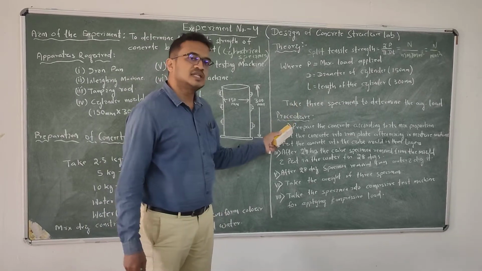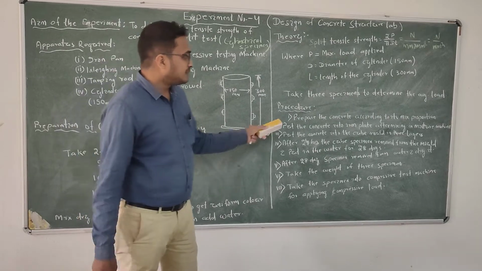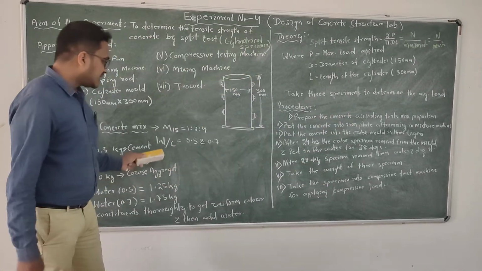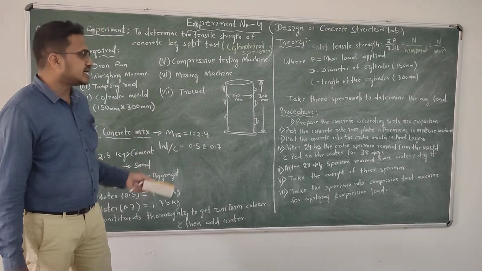So next, move to the procedure. So what will we do? First prepare the concrete according to its mix proportion, that is, here we are taking 1:2:4, that is M15 concrete.